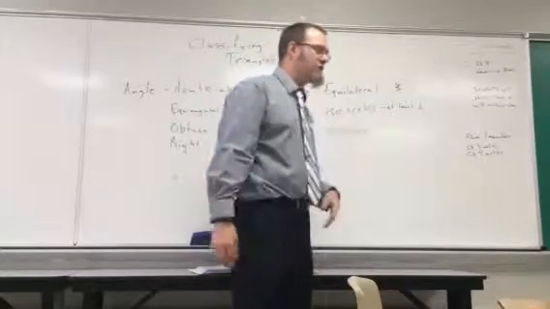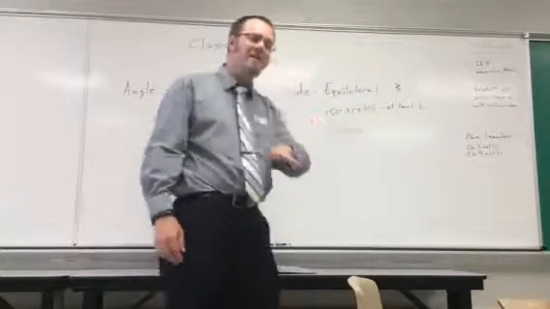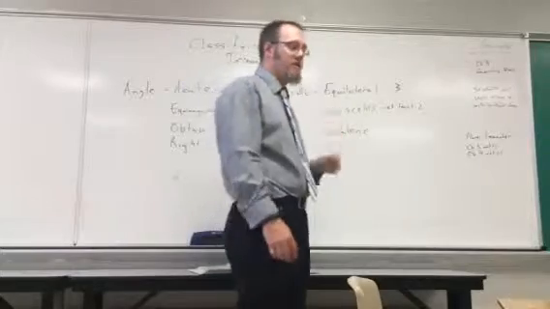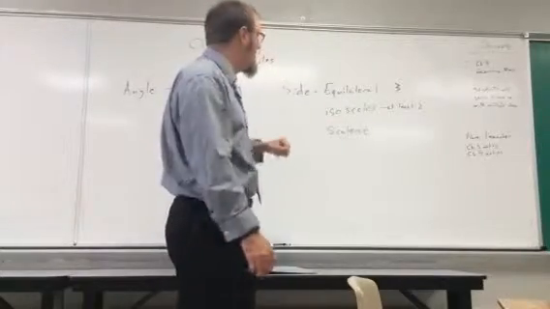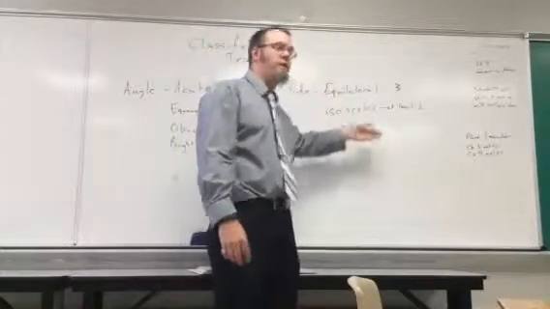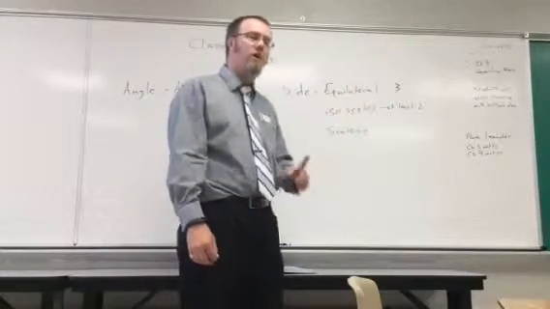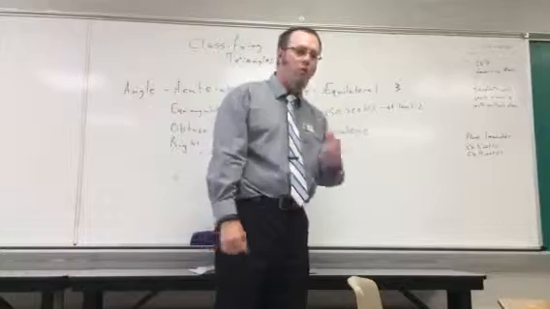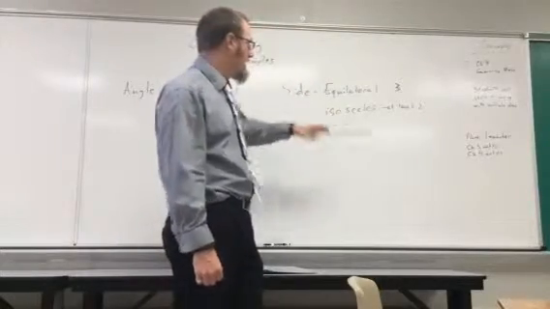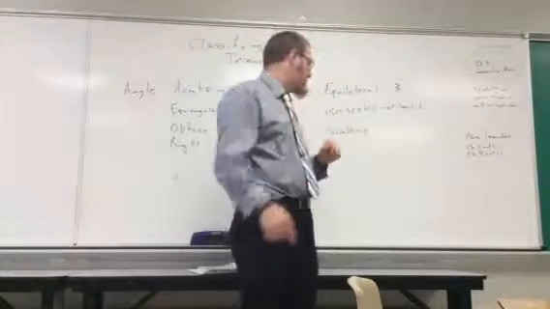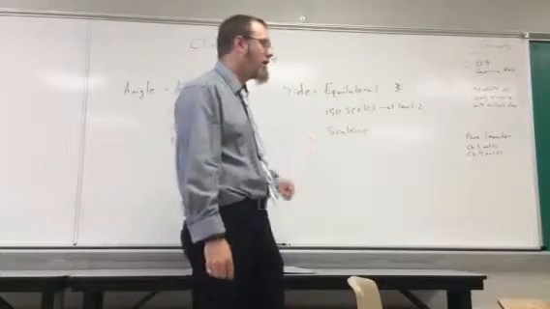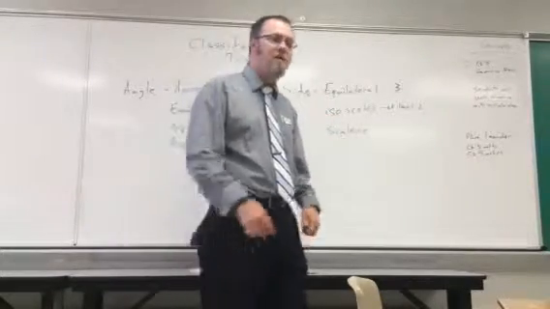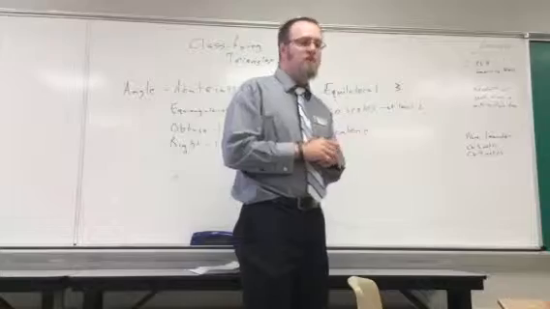An isosceles triangle has at least two sides that are the same, two congruent sides. So all equilateral triangles are isosceles triangles. So you have to be very careful. You want to use equilateral when you can, and use isosceles for the others, even though the definition is a little broad. If none of the sides are the same, it is a scalene triangle.